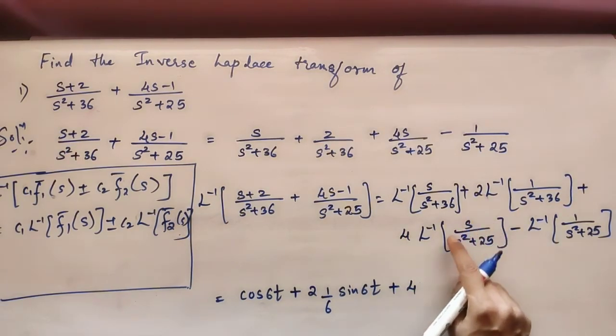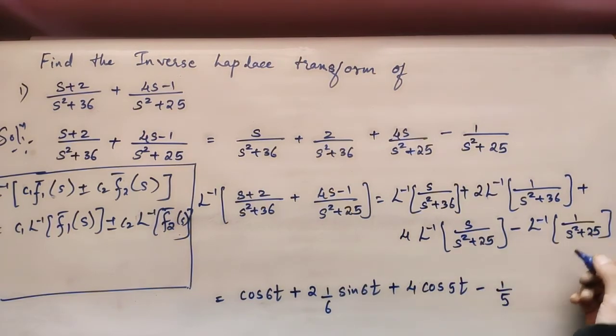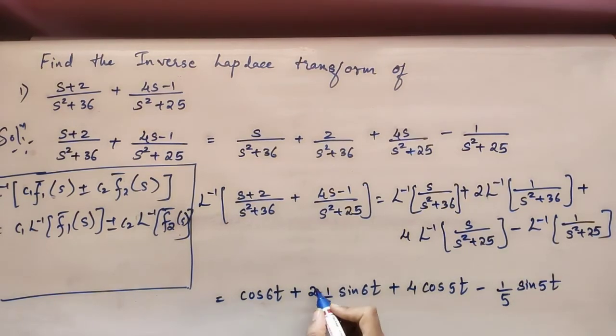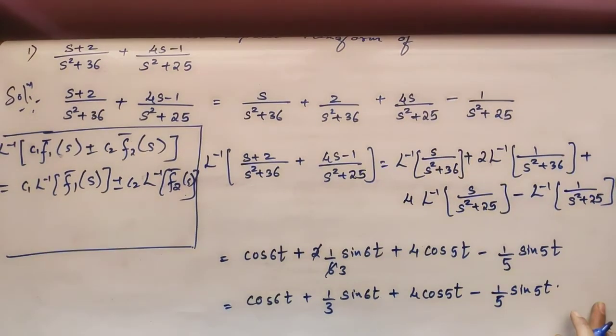Now the inverse Laplace transform of this I can easily write as cos 5t, minus 1 by 5, inverse Laplace transform of this is sine 5t. We can further simplify this. It is cos 6t plus 1 by 3 sine 6t plus 4 cos 5t minus 1 by 5 sine 5t. This is the solution. Okay, we'll come up with one more problem.